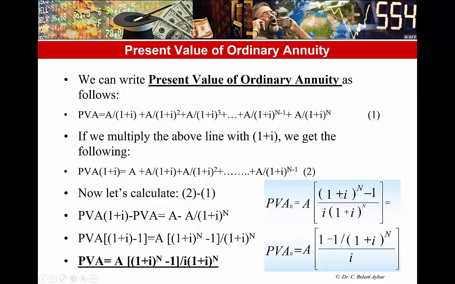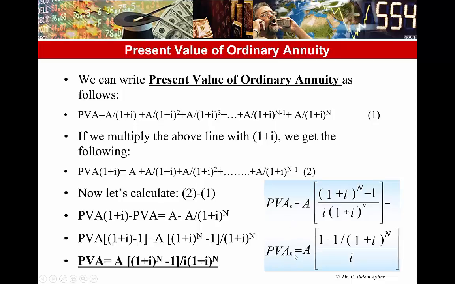So A times 1 plus I to the power n minus 1 divided by I times 1 plus I to the power n. If you pay a little bit attention to this equation, this is simply the future value of annuity discounted by n periods. So you can think of the present value as the future value of annuities discounted by n periods to time 0.